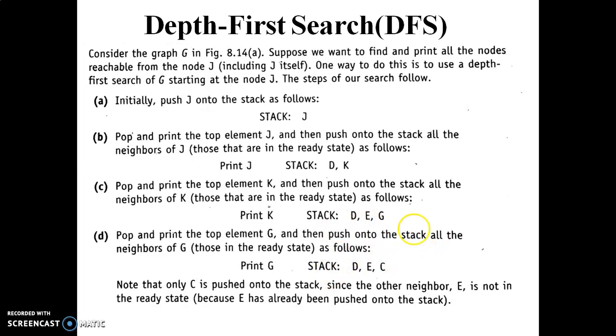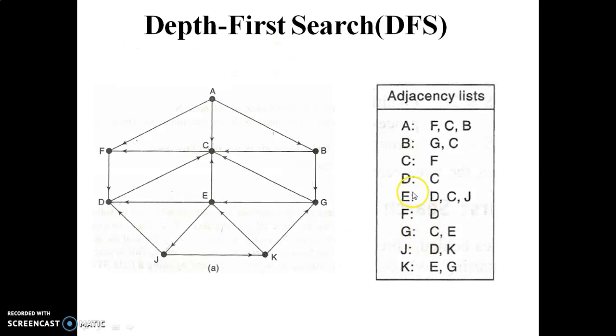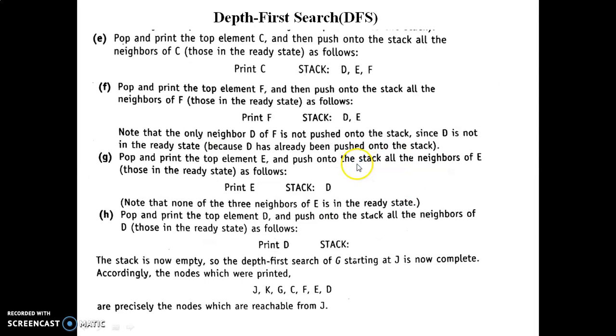So that is why we are not writing E again, and we are writing only C. Next, we pop and print the topmost element C, and then push onto the stack all the neighbors of C that are in the ready state. The only neighbor of C is F. So we write it here, F.